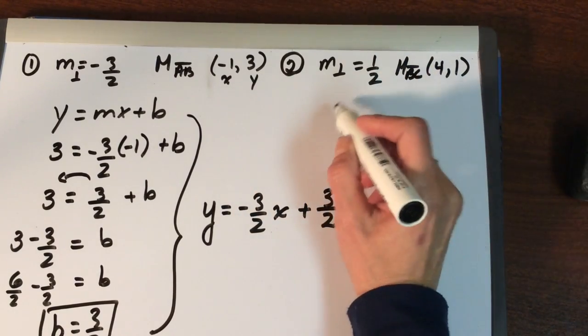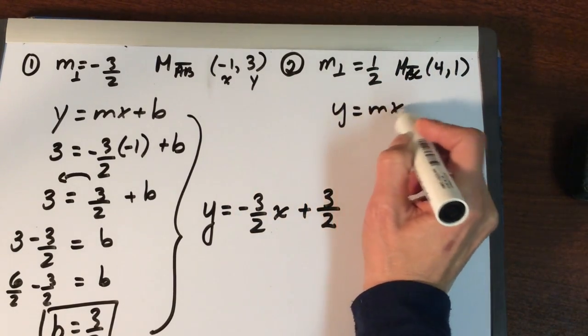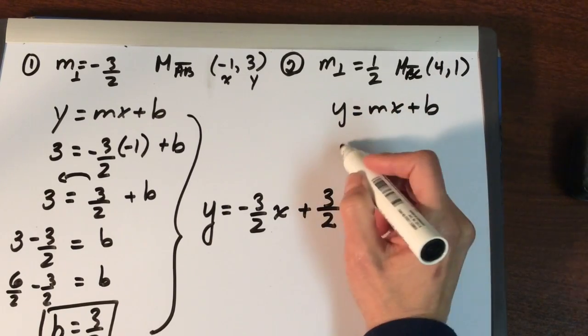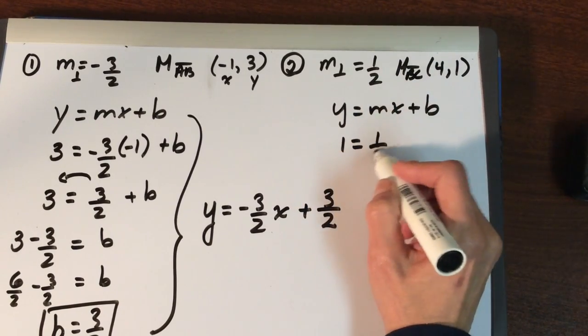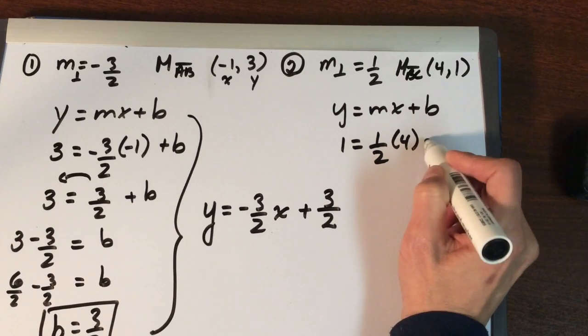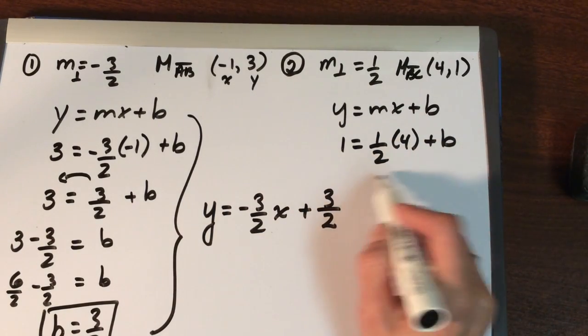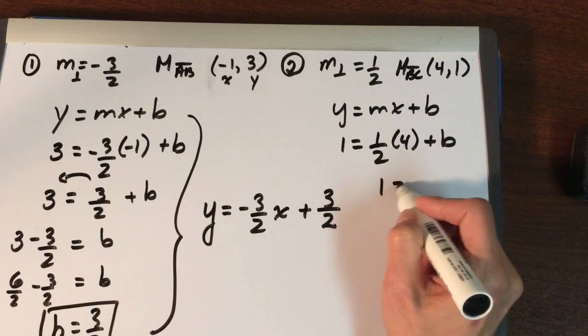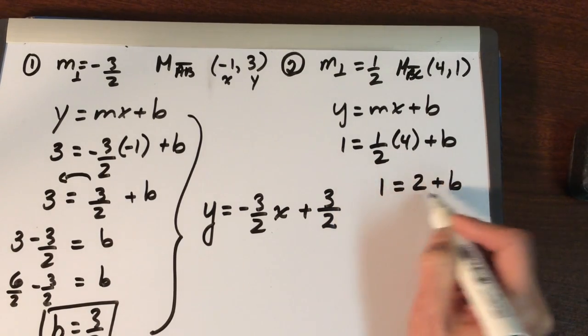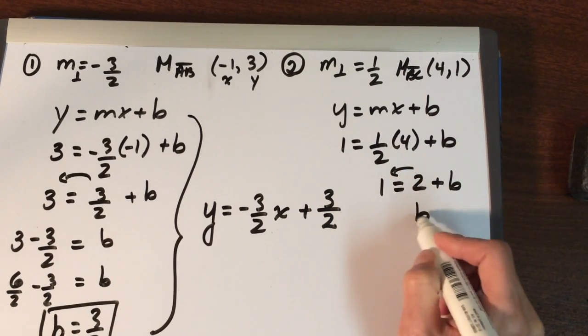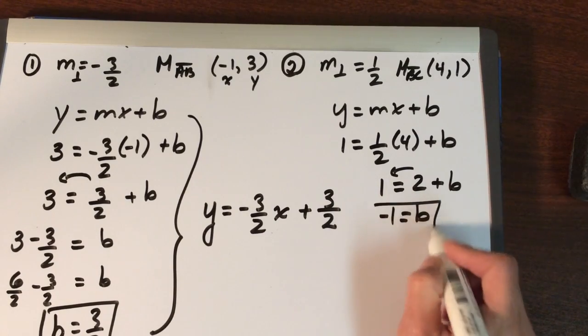And we can do this again, y equals mx plus b, and plug in the 1, the slope, and the x value. We've got 1 is equal to 2 plus b. Bring that over. b is equal to negative 1.